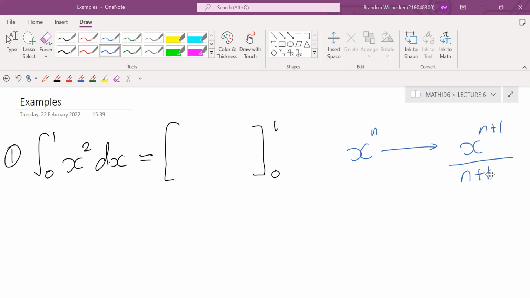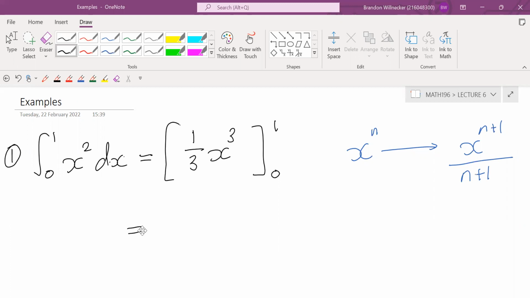In this case, x squared, we add 1 to the exponent, so now it becomes x cubed, and then we divide by 3. So this becomes 1/3 x cubed. That's the halfway step done.